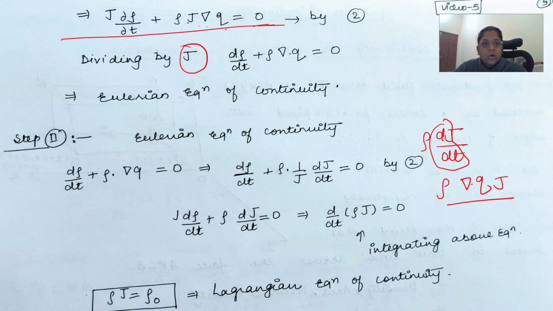Now dividing throughout by J, or removing J, it will become d rho by dt plus rho del dot q equal to 0. Okay, this is the Eulerian equation.